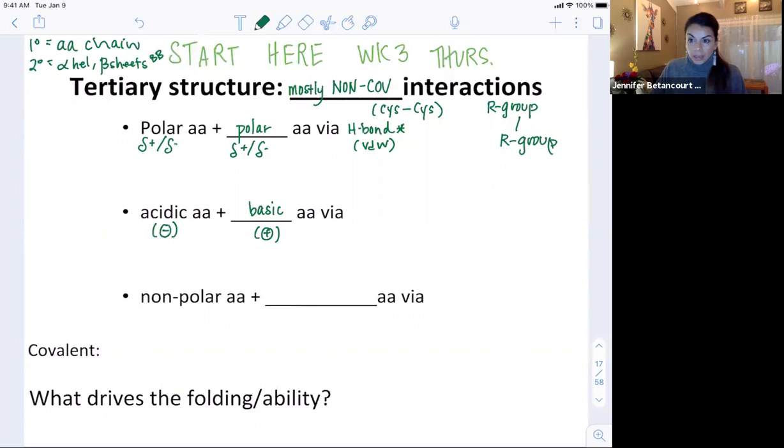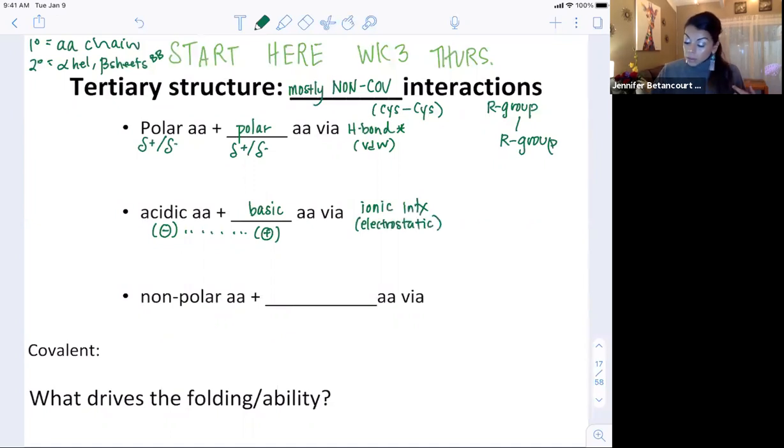You can call it an acid-base reaction, but really what's happening is a negatively charged anion interacting with a positively charged cation. This is actually, by definition, an ionic interaction. Other people call this electrostatic.